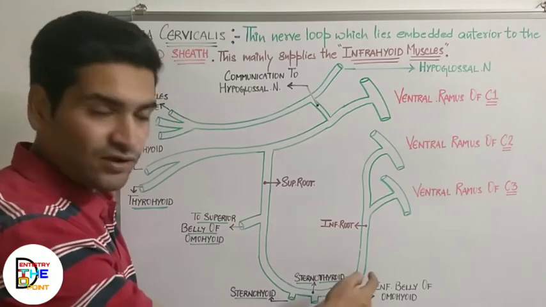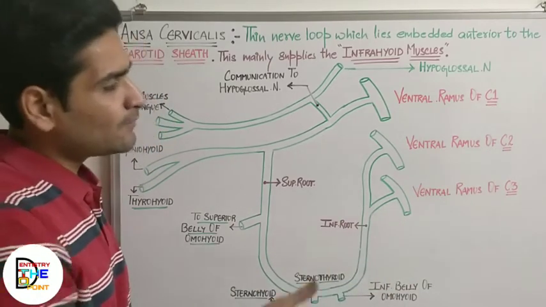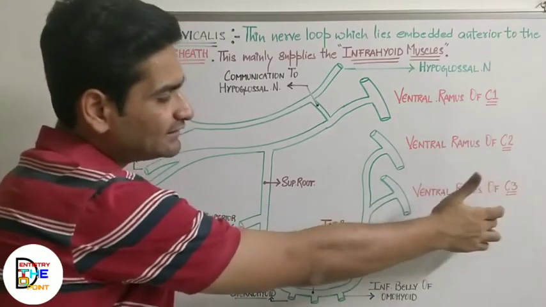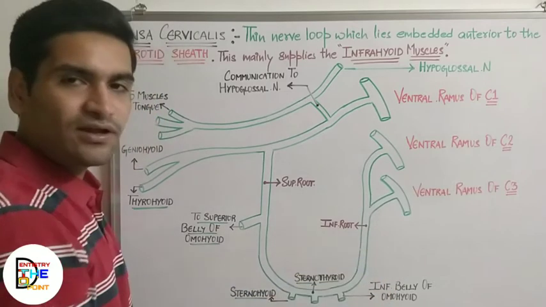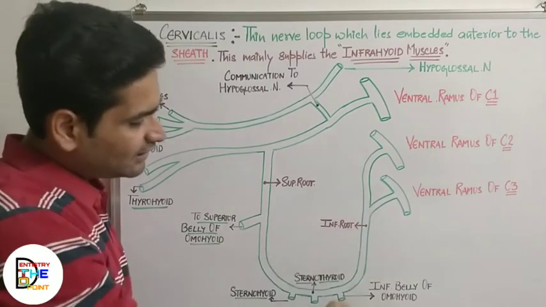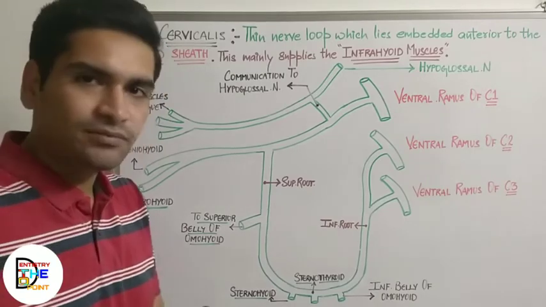Then the inferior root is going to start. Now the inferior root is going to form from which cervical root? From C2 and C3, they both are going to join together and form the inferior root of the Ansa cervicalis. So the inferior root is going to supply the inferior belly of omohyoid. I hope the divisions are clear.